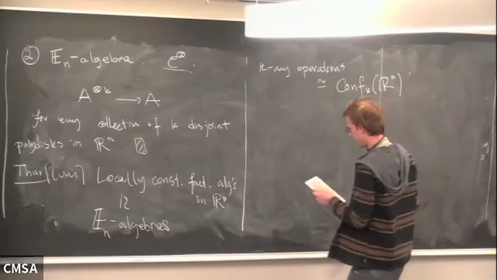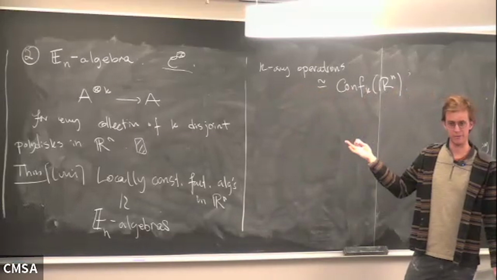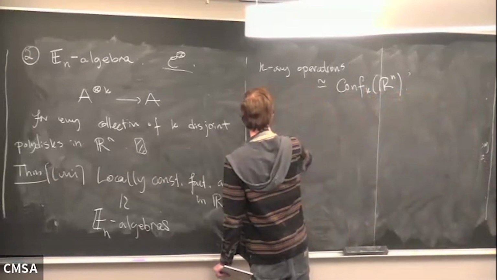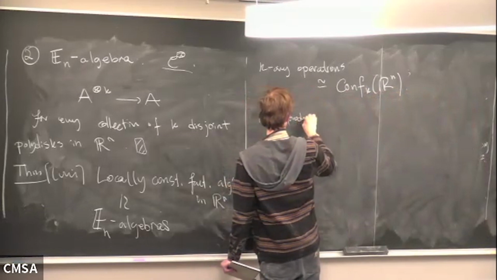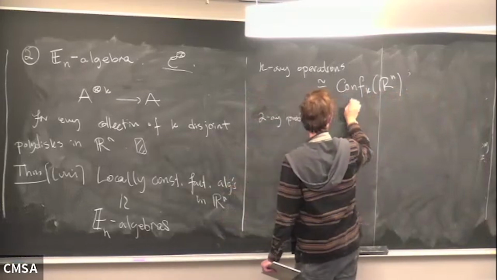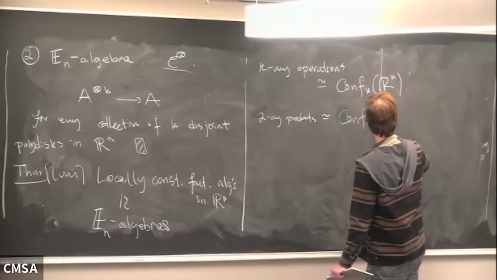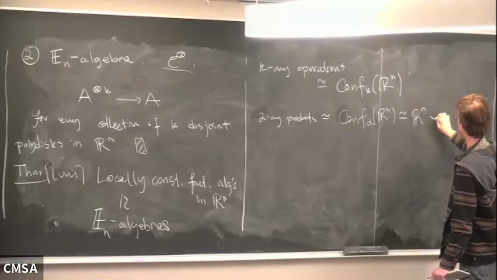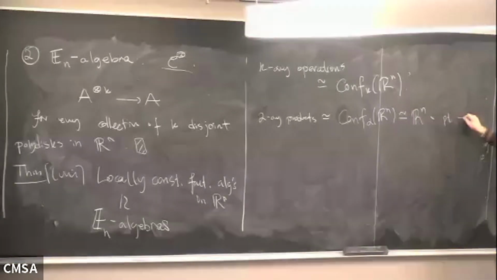As a special case, if I'm just thinking about strict algebras, what I should really be looking at is the two-ary operations. What that tells me is that the two-ary products are equivalent to Conf_2(R^n), which is homotopy equivalent to R^n minus a point, which is equivalent to the (n-1)-sphere.